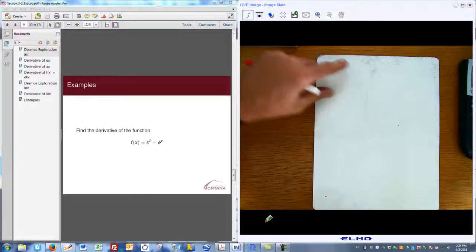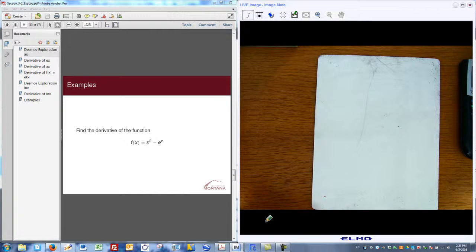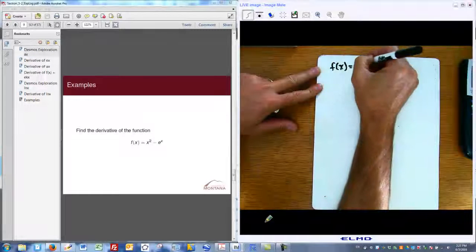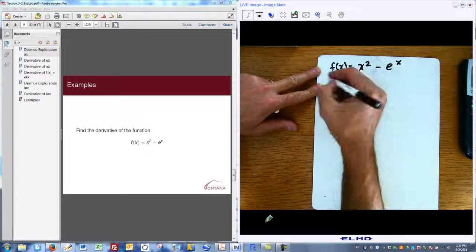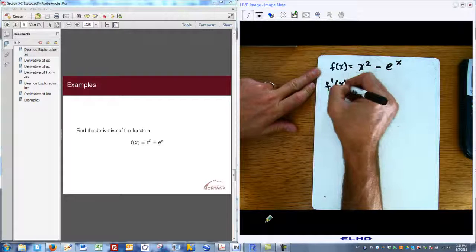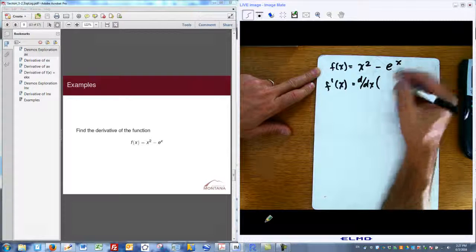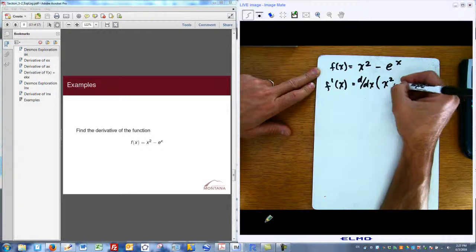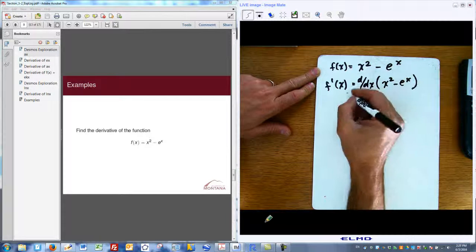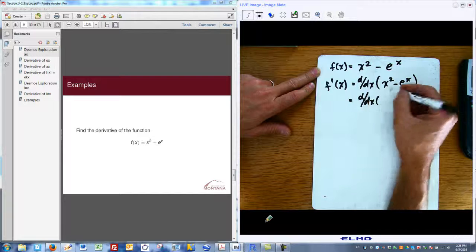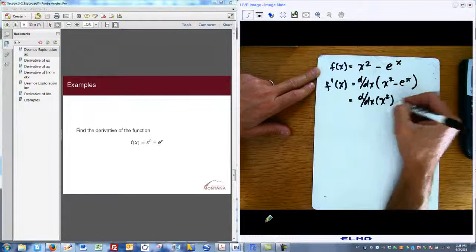So the first one we're going to do is x squared minus e to the x. So what's f prime of x going to be? Well, that'll be the differential operator applied to the right-hand side, which is the same thing as the differential operator applied to each term in the difference.